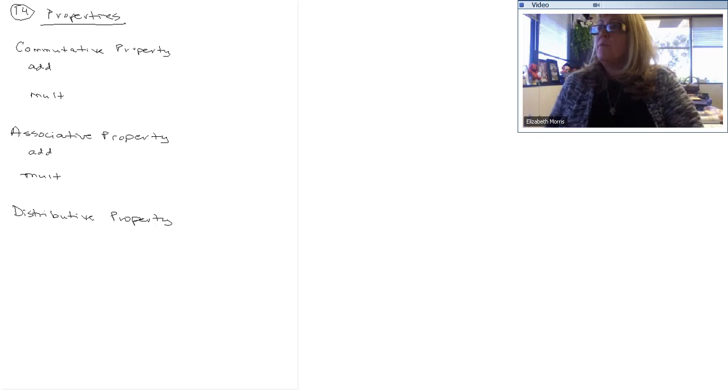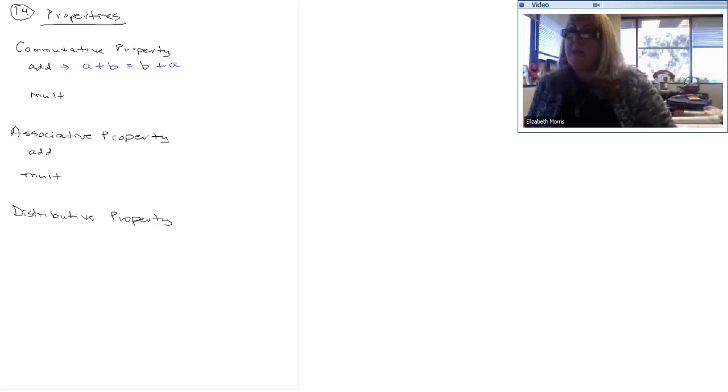All right, commutative property says that if you add something, it doesn't matter the order. A plus B is the same as B plus A. Think about it. 2 plus 3 is the same as 3 plus 2. Now, is 2 minus 3 the same as 3 minus 2?